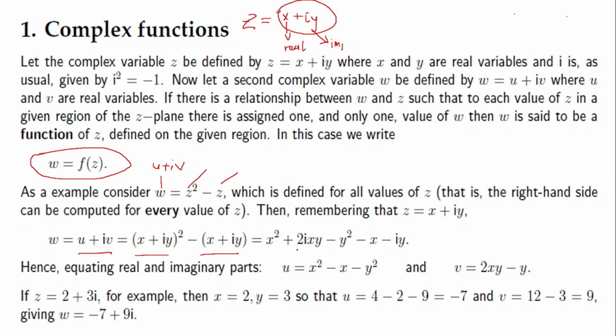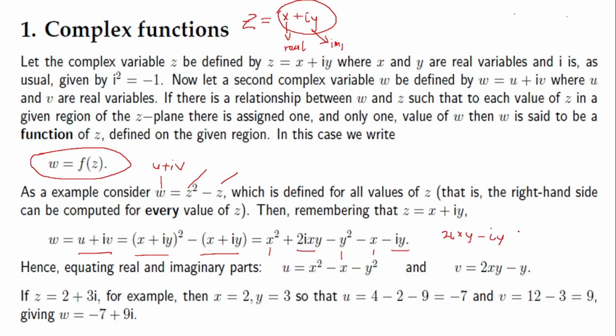At this stage, you realize that there is I here, there is I here. All the I's, you take one side, and those that do not have I, you take the other side. Here there is no I, there is no I, there is no I. All those that do not have I, we call the real part of the equation. All those that have I, we call the imaginary part of the equation. If you take this imaginary part, you're going to have 2ix plus xy minus iy.